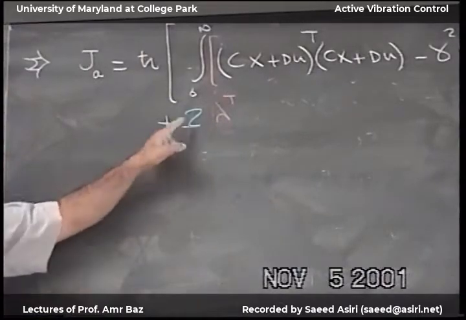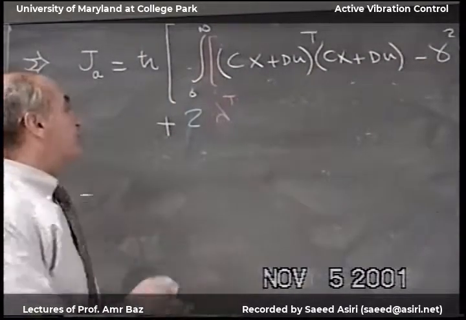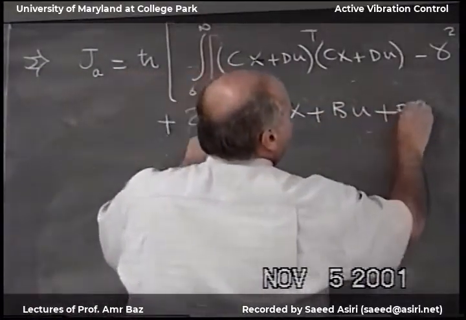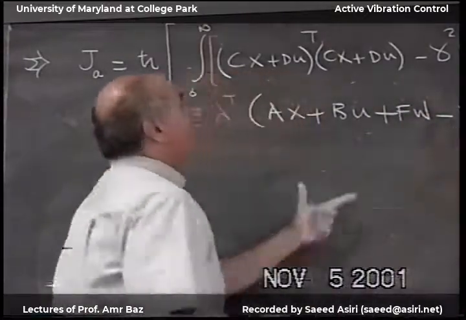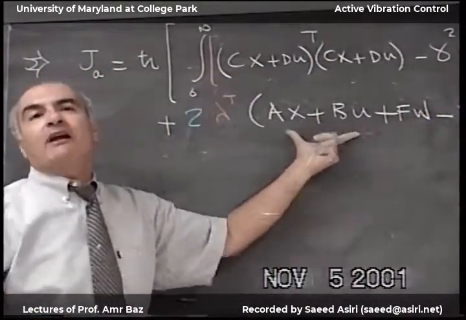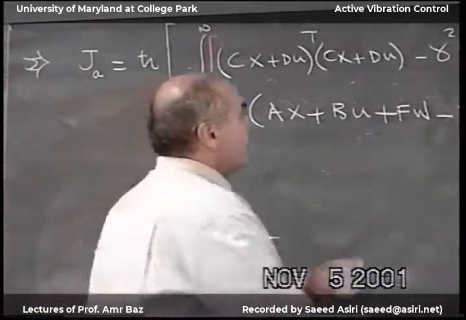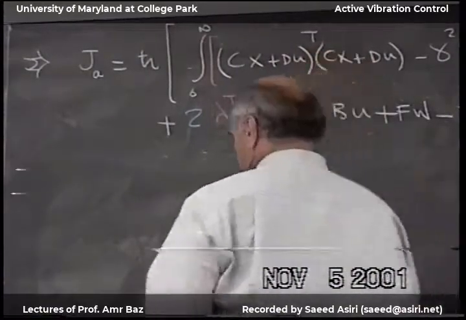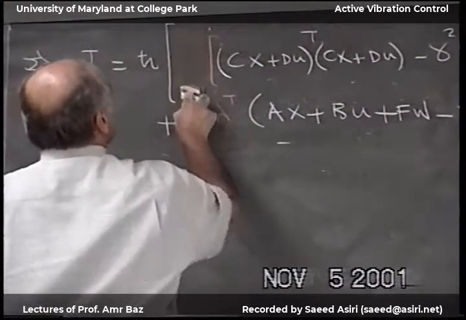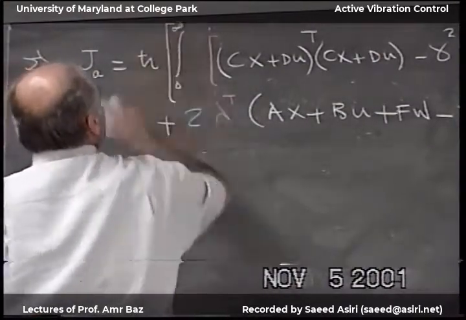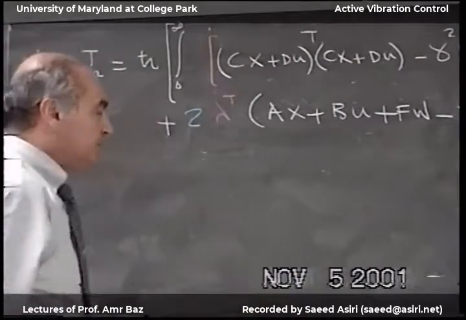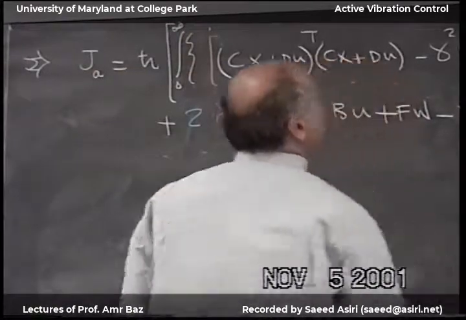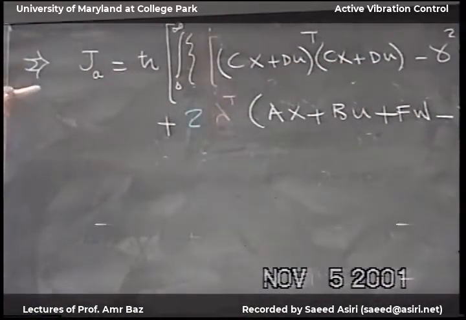Why 2 here and not here doesn't matter, because lambda transpose times (Ax + Bu + Fw minus x dot), when this is satisfied, 0 times 100 is still 0. Okay? And then I close this, dt.